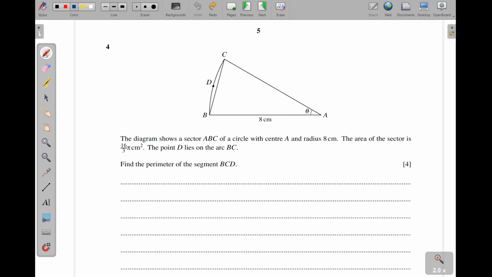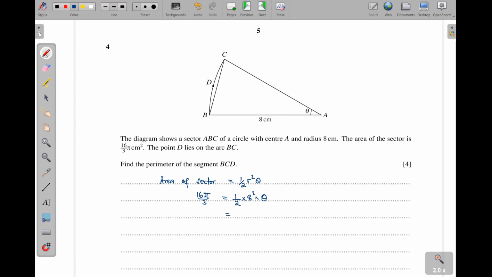Okay, now the area of the sector is given, and we know that the area of a sector is equal to a half r squared theta. But this one is given as 16 pi over 3. So if I equate it, our radius is given as 8, squared, times theta. That means we can now find theta.